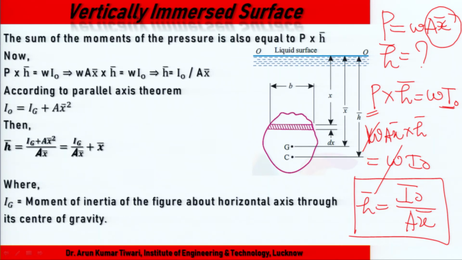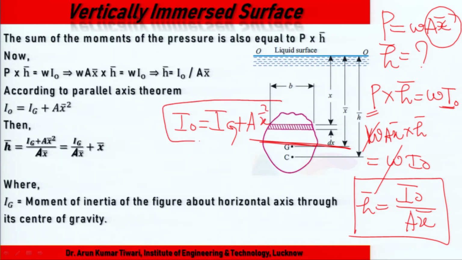By the parallel axis theorem, the moment of inertia at the free surface is calculated with respect to the I g point: I naught equals I g, the moment of inertia about the center of gravity, plus area into x bar square. This is the parallel axis theorem.